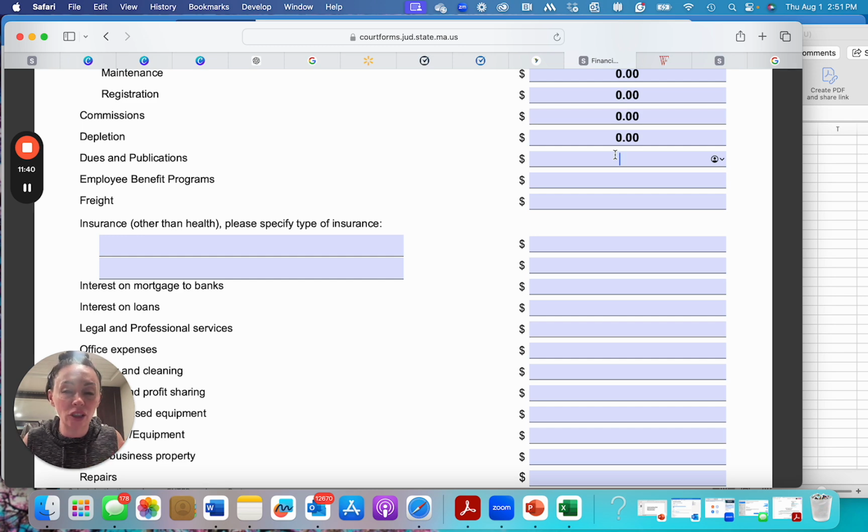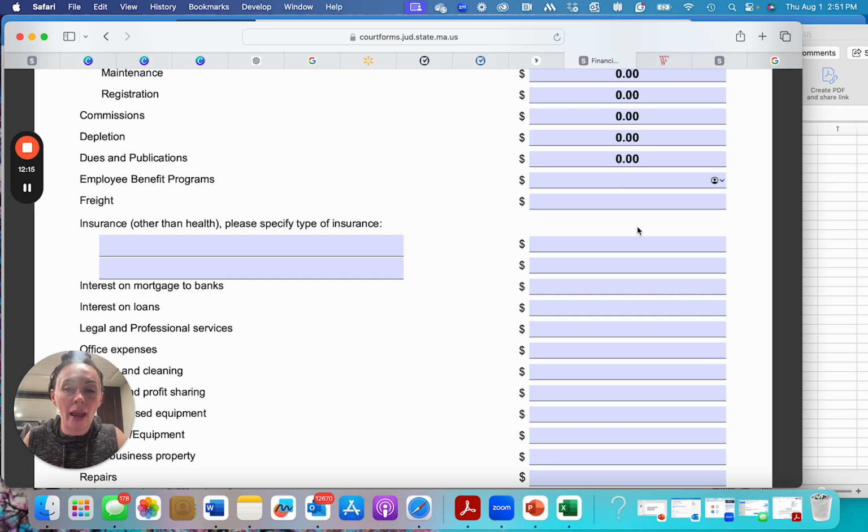Dues and publications. This is a common expense for professionals, lawyers, accountants, doctors, who have to pay dues to maybe a union or a bar association or some sort of professional network that they need to stay connected with. In our pizza shop, not applicable, so this would be 0. Employee benefit programs.